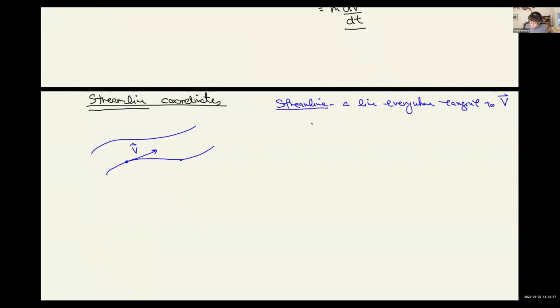At this location, the velocity is in this direction because the streamline is tangent to that direction, and so forth. So if you look at streamlines, it'll indicate the direction of the velocity or the flow at any point in space.